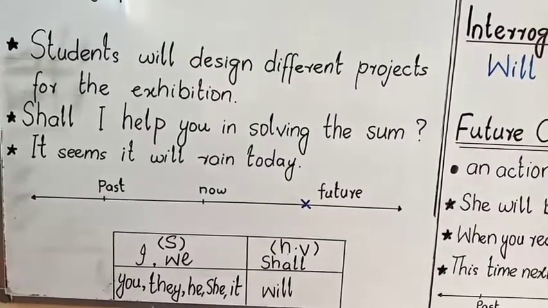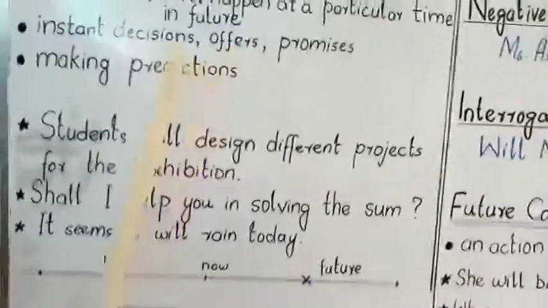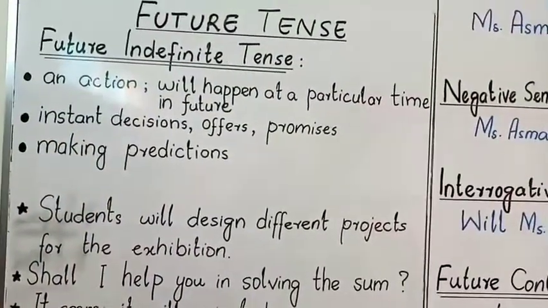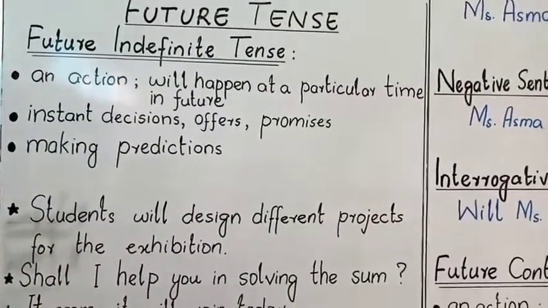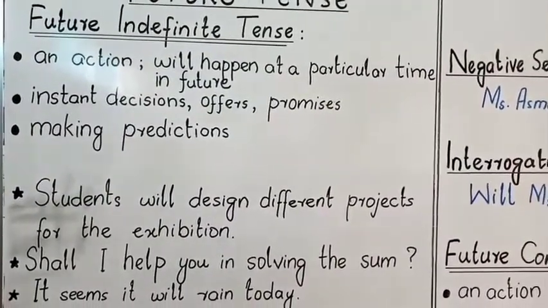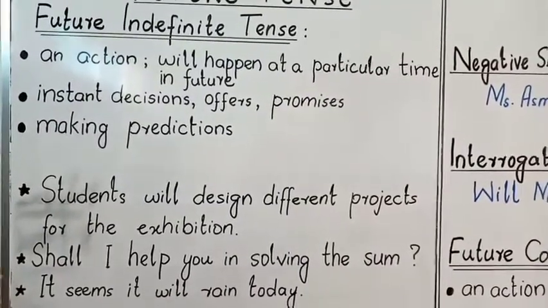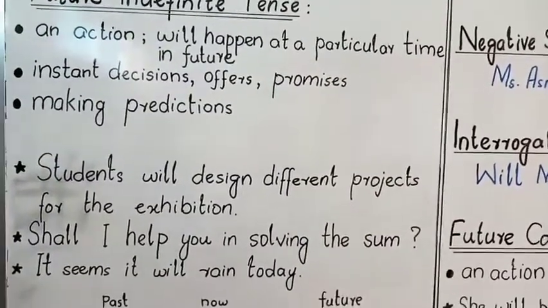So then, for instant decision, suppose some friend of yours has difficulty in solving the sum, and you decide instantly that I'm going to offer her help, or I'm going to help her.